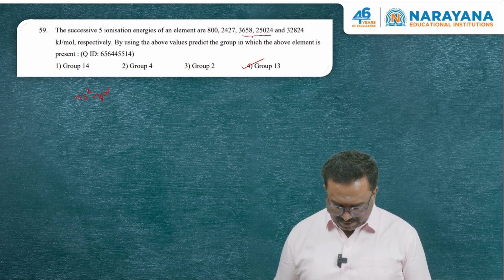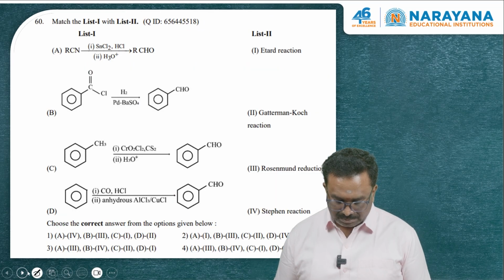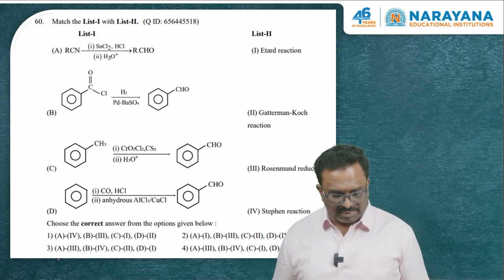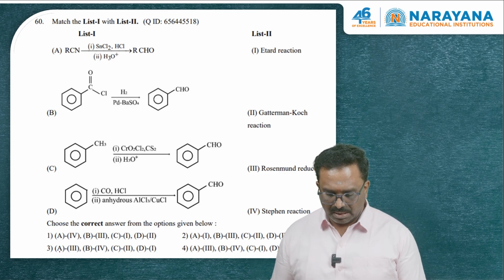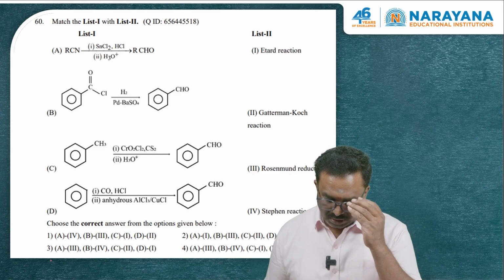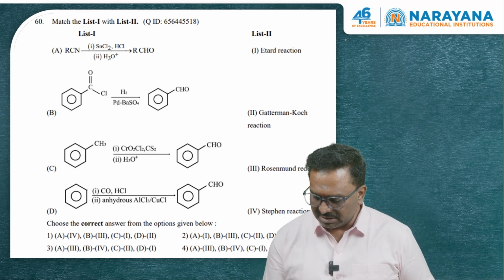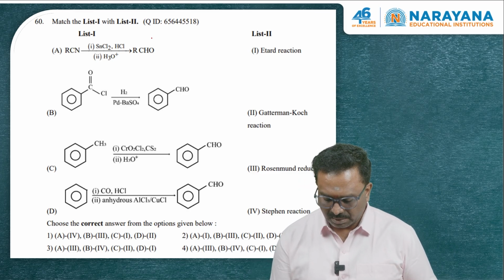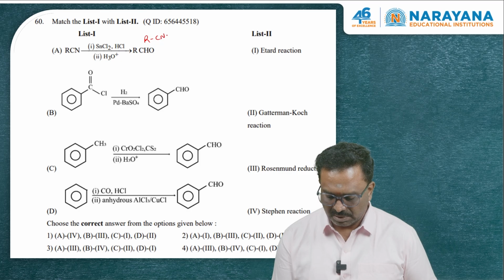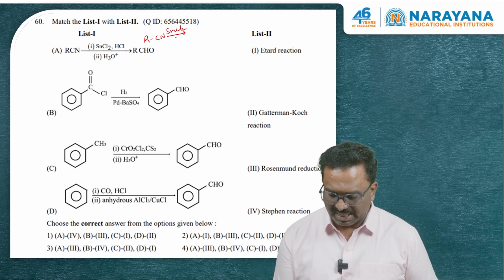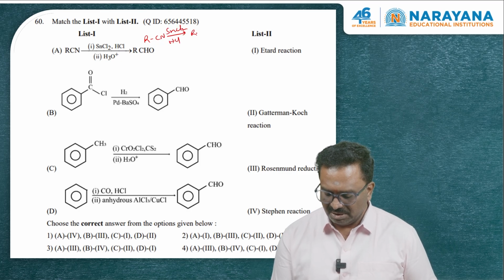Let me see the next one. Here what was given is RCN with SnCl2 and HCl. Cyanides by reduction with stannous chloride and HCl are first converted into imines.